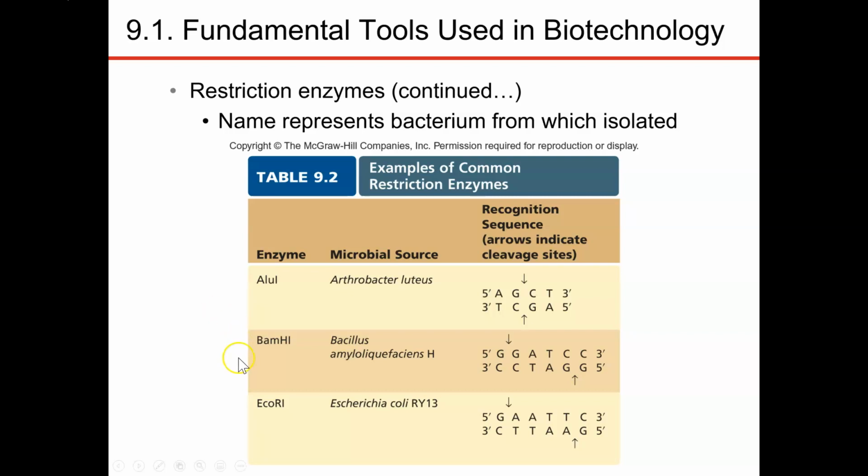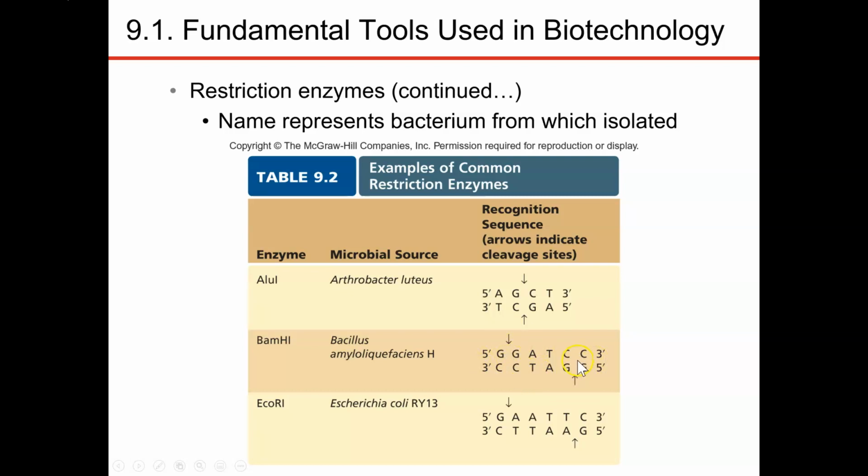So here is BamHI, from Bacillus amyloliquefaciens, H, and I because again, it's the first one. BamHI cuts in a palindrome that reads GGATCC. It cuts between the GG.